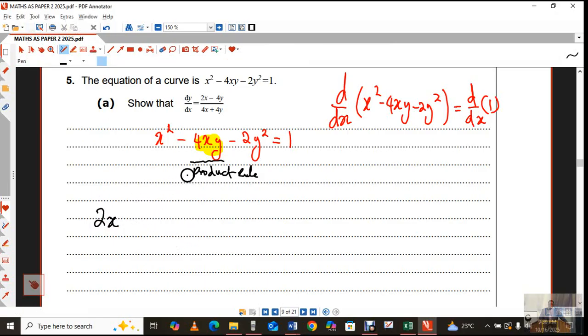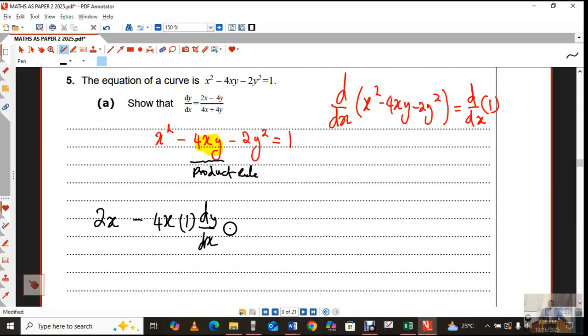So the product rule will say 2x, here, keep the first, so minus 4x, take the derivative of y, and the derivative of y is just 1, but then because you're deriving y, you are supposed to differentiate with respect to x, so you have to put dy dx here. Everywhere we're now doing the y's.